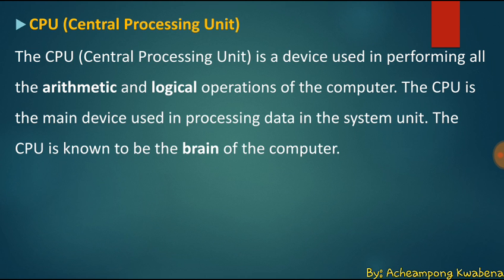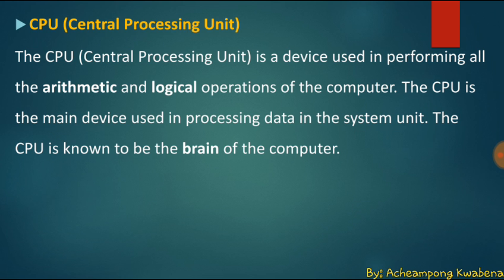The full meaning of CPU is Central Processing Unit. The CPU is a device used in performing all the arithmetic and logical operations of the computer. The CPU is the main device used in processing data in the computer system unit.